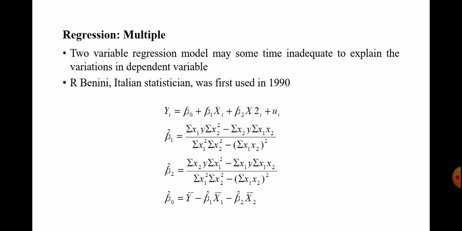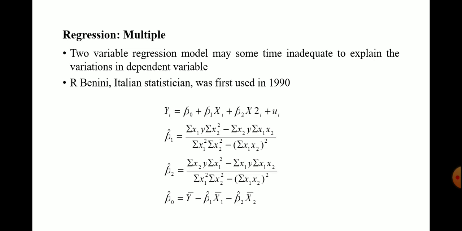Assume that there are three variables, y, x1 and x2, where x1 and x2 are independent variables. How can you find the value for this? Beta cap 1 is sigma x1 y into sigma x2 square minus sigma x2 y into sigma x1 x2, divided by sigma x1 square into sigma x2 square minus sigma x1 x2 whole square. So this is a very big equation.